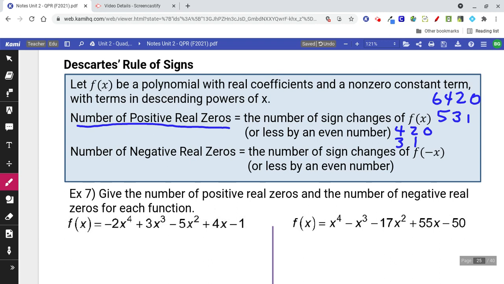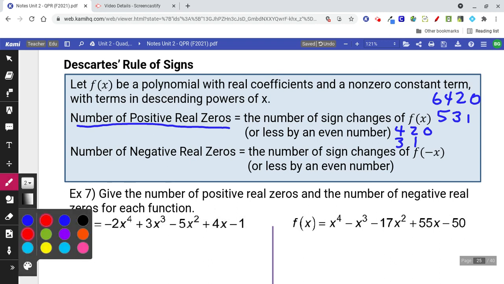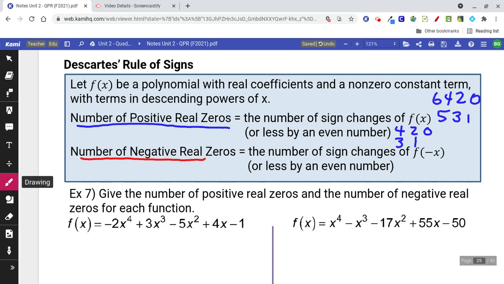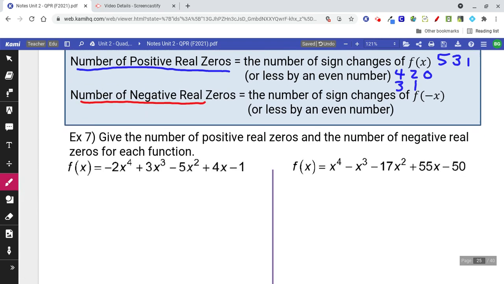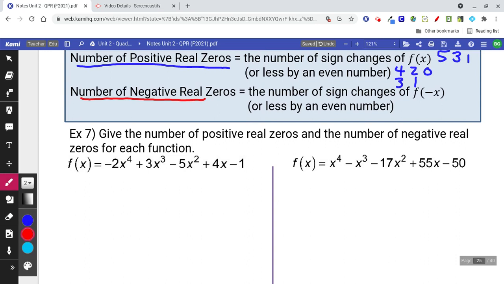The number of negative real zeros is the number of sign changes of f of negative x or less by an even number. All right, so I know that seems complicated, but check it out. It's not that bad. F of x. See how this is negative on your first term, and then your second term is positive 3, negative 5, positive 4, negative 1.